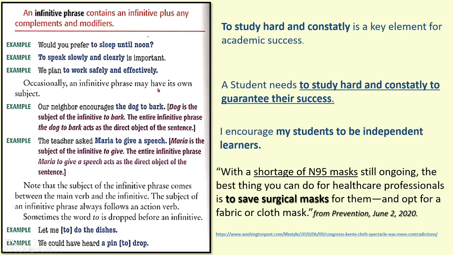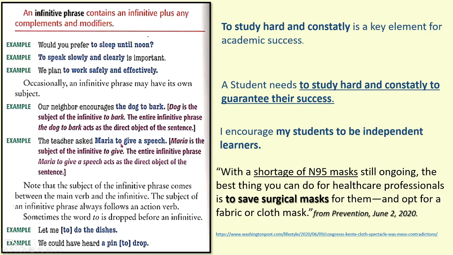Occasionally, an infinitive phrase may have its own subject. Our neighbor encourages the dog to bark. The dog is the subject of the infinitive to bark, and the entire infinitive phrase, the dog to bark, acts as the direct object of the sentence.